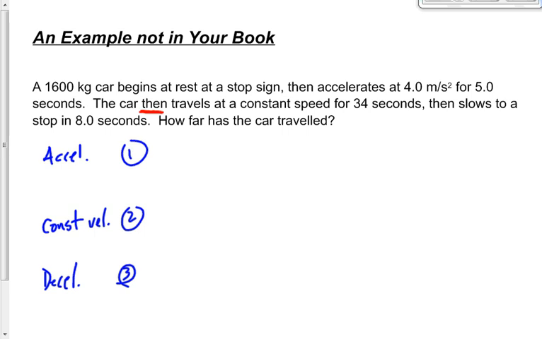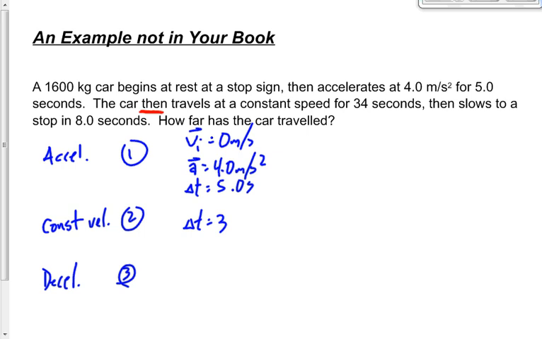Although in the end, we know that it's not going to matter what the mass of the car is anyways. It starts at rest in stage 1. When it begins to accelerate, it isn't moving. It accelerates at 4 meters per second squared, and it does that for 5 seconds. That's all we know about stage 1. Now in stage 2, when it's traveling at a constant velocity, there's not very much at all we know about that, just that it travels at a constant velocity for 34 seconds.